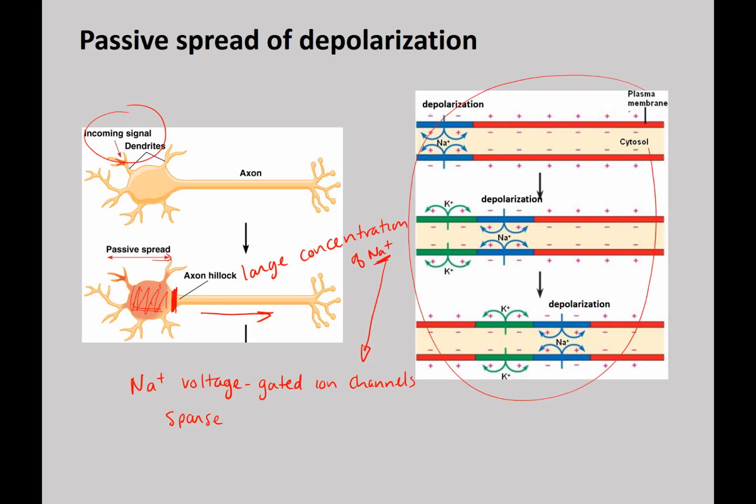So passive spread just means that the positive charge is moving. We've got some sodium voltage gated ion channels that are opening, but we're not really getting past that threshold level until we reach the axon hillock, where it has a large concentration of sodium channels, and here is where we initiate the action potential.